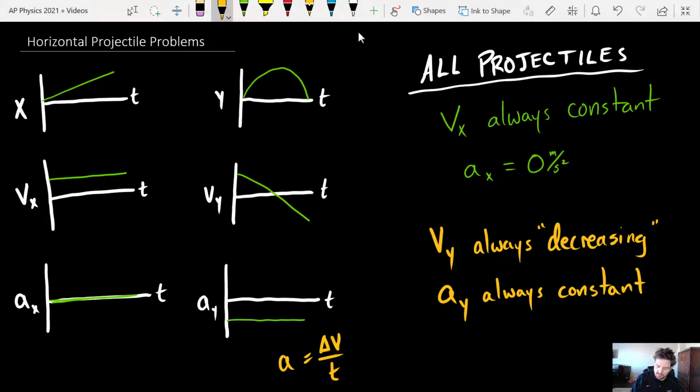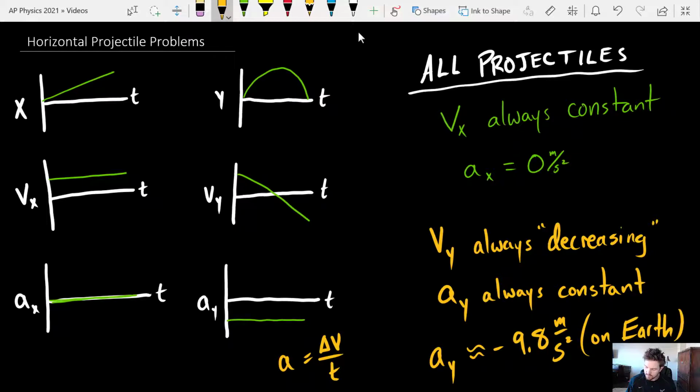And we can actually figure out what that acceleration is by looking at the slope of this velocity graph. But on Earth, acceleration in the y direction is usually about negative 9.8 meters per second squared. And again, that's on Earth. All right, so these are kind of the rules that we govern all of our projectile stuff from.